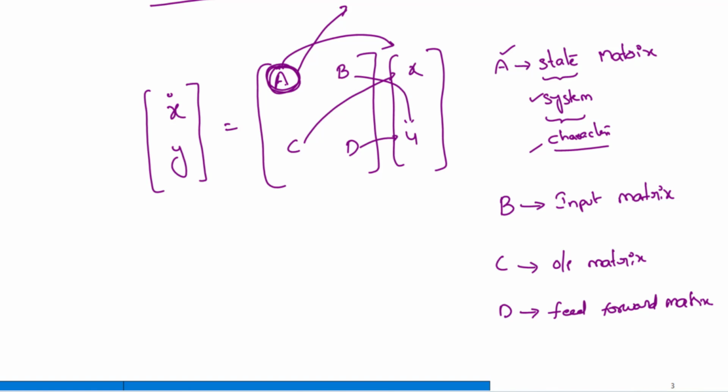You have to understand this very carefully. We are taking only two equations. The first equation is the state equation, the second is the output equation. In the state equation, A and B matrices are there. In the output equation, C and D matrices are there.